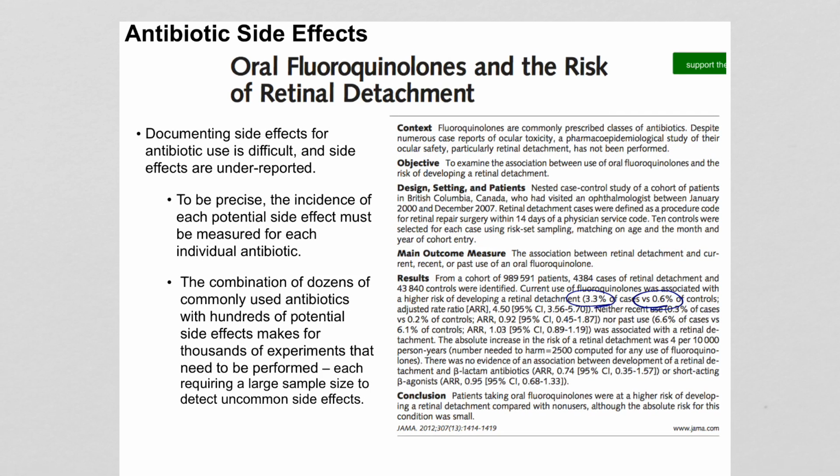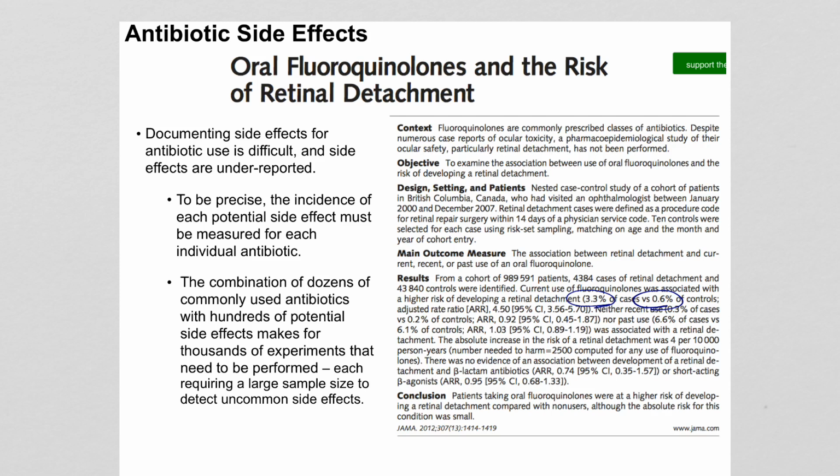And so the numbers are pretty small, but that's still 5 times as common in the antibiotic group. And so it's definitely having an effect, but the problem is if no one's specifically looking for it, right? No one probably thought, oh, I'm going to look for cases of retinal detachment in people that are taking these antibiotics. It's very hard to detect.